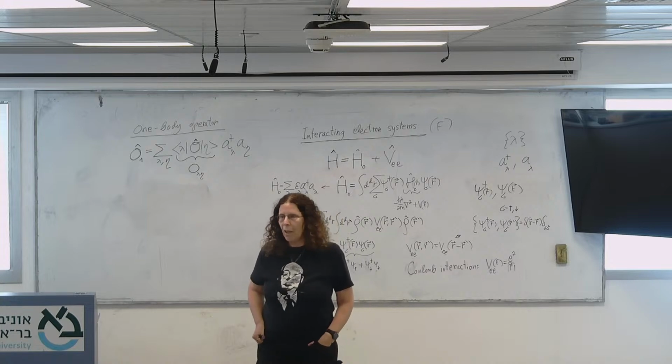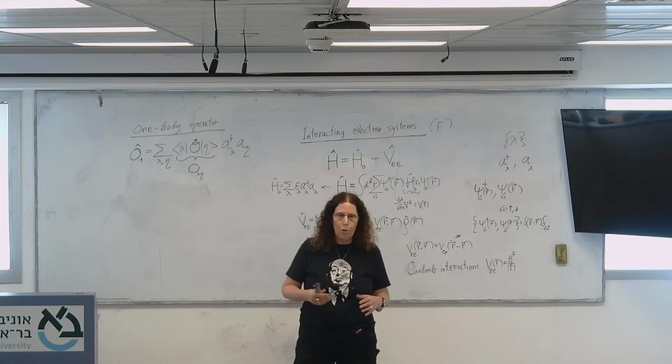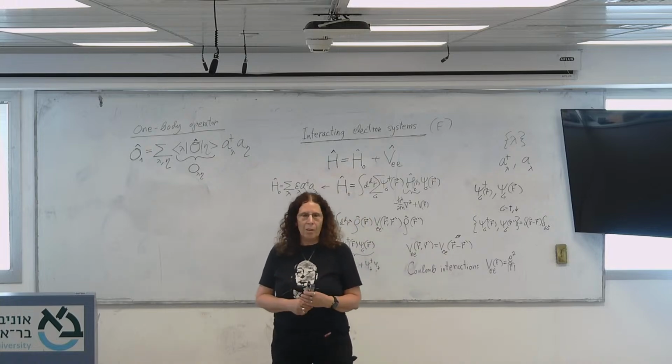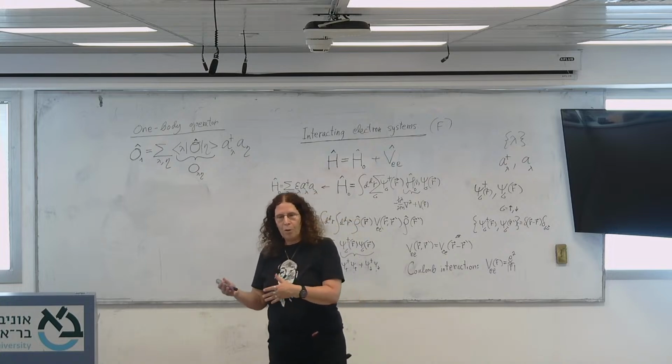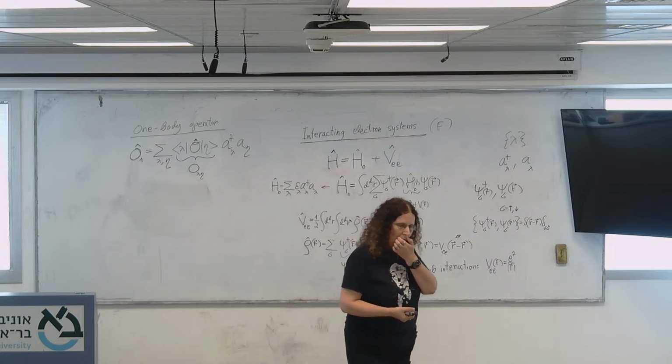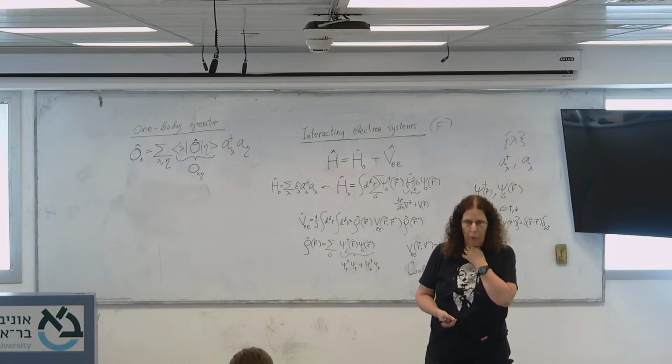And in many physical situations, indeed, you can assume that one or the other is much smaller than the other and make an approximation using perturbation theory on the other. Okay?